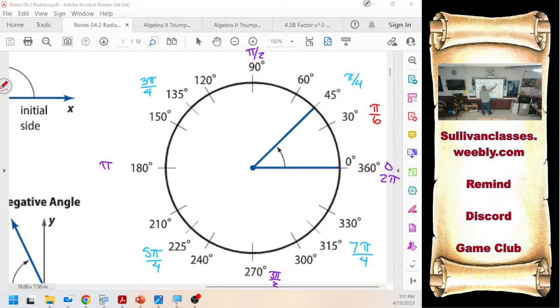Careful, 2 pi over 6, pi over 3. 3 pi over 6, already there and reduced. 4 pi over 6. 5 pi over 6. 6 pi over 6. I want to see if you can finish those last 4. Keep counting by pi over 6. Reduce them when necessary.